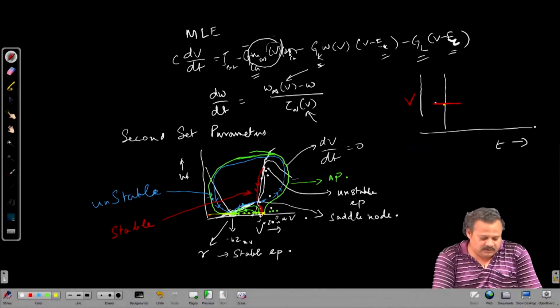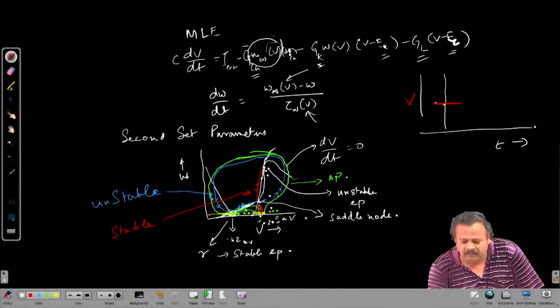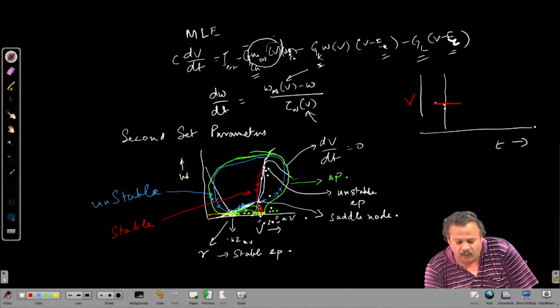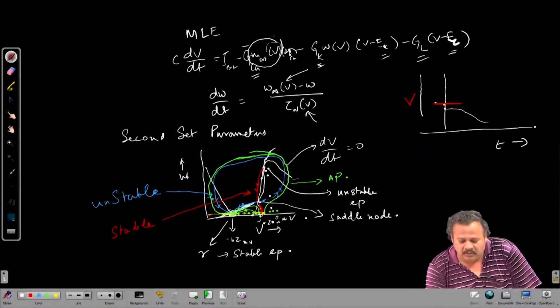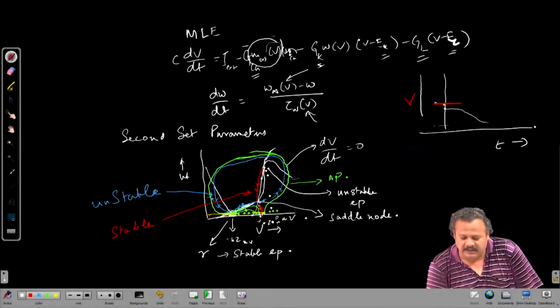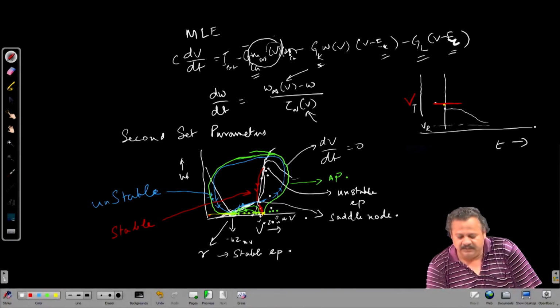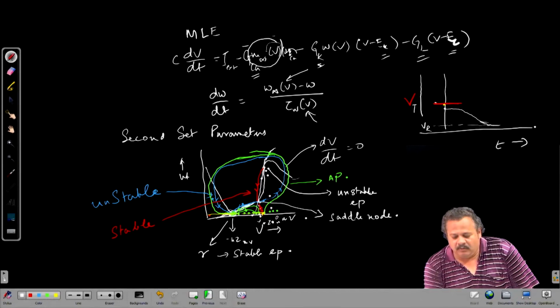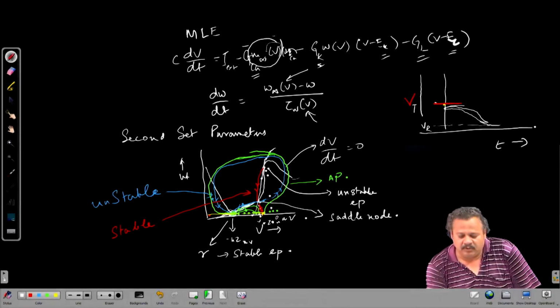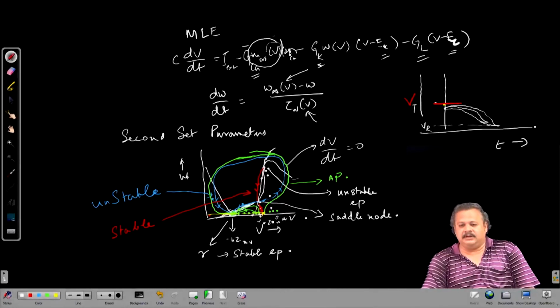And so trajectories that start below, or their voltage component, will go back down to the resting membrane potential. Let us say this is VR, this is VT, and so it will go back to the resting membrane. Anything like this will go back into the resting membrane, anything like this will go back into the resting membrane.